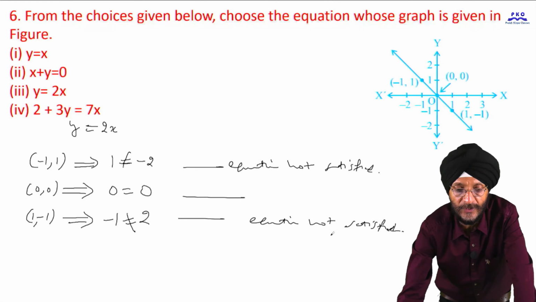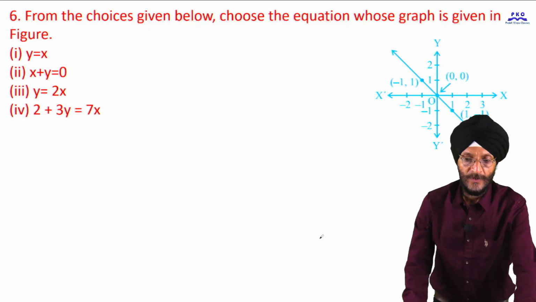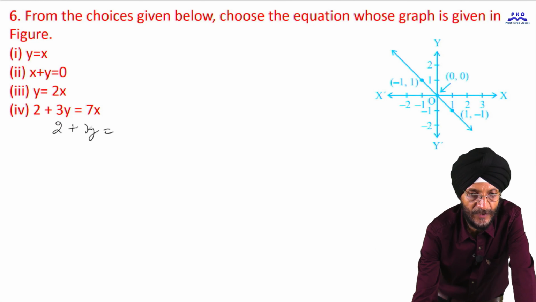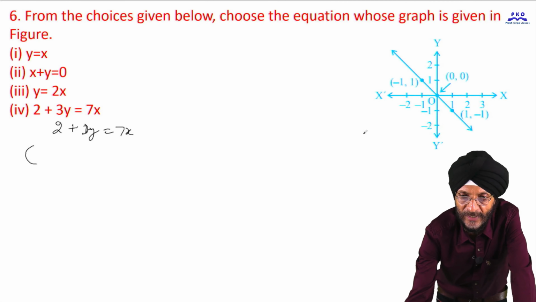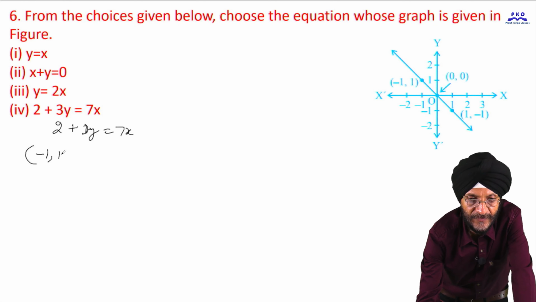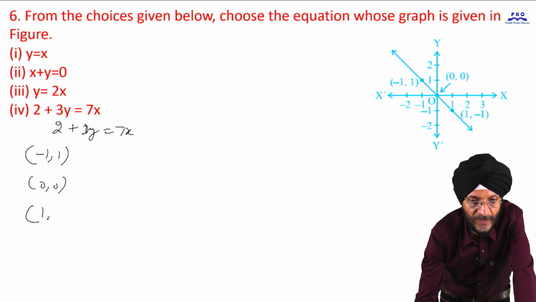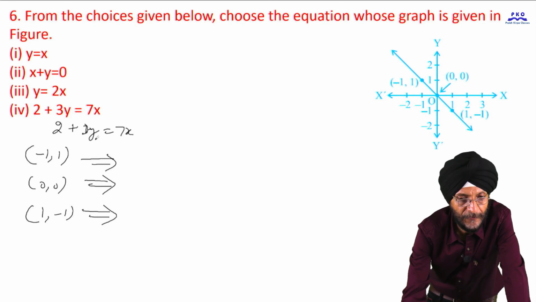Now we will come to the fourth equation. 2 plus 3y is equal to 7x. What are the points which have been given? (-1, 1), (0, 0), (1, -1). We will fill in the values.